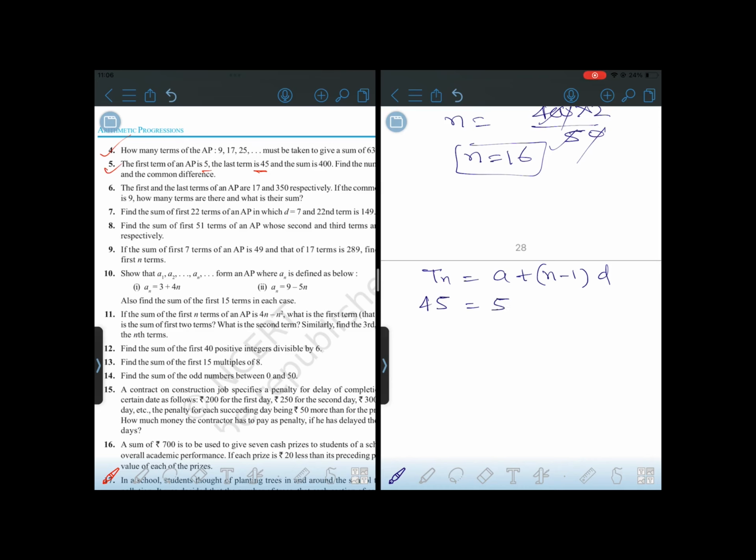So 5 plus 16 minus 1 into D. That gives us 45 minus 5 is equal to 15D, and that gives us D is equal to 40 upon 15, right? So we can solve this now. That gives us 5 8 40, and 5 3 15. So this is how we can find out the value of common difference D, 8 by 3.